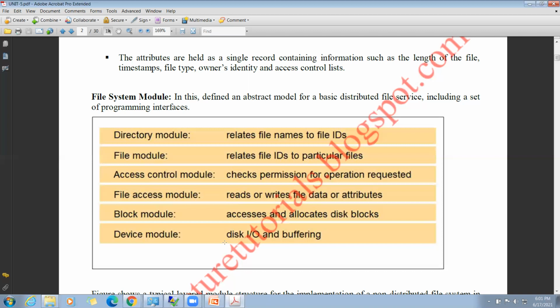Next, block module. It accesses and allocates disk blocks. The last one is device module. This device module deals with disks and IO operations and buffering. Okay, this is the abstract model, the different types of modules and how they relate.